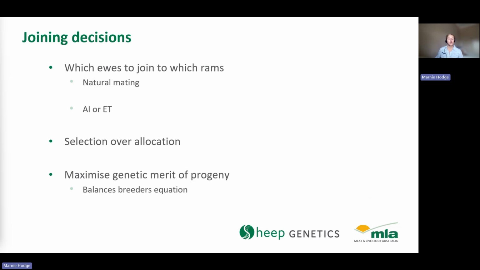So in terms of joining decisions, we can use it to select which ewes to join to which rams, either in natural mating or AI or ET, and really making sure that we're giving MateSel a comprehensive list of rams that we can potentially join from, so we're using selection over allocation. We also want to try and maximize the genetic merit of progeny when we're thinking about genetic joining decisions, and also how we can potentially balance the breeder's equation and certain aspects of the breeder's equation.